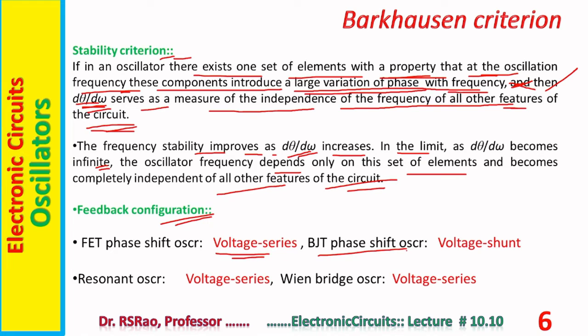In BJT phase shift oscillators, voltage shunt feedback is used. In resonant oscillators, voltage series. In Wien bridge oscillator, voltage series feedback is used. The first term, voltage, refers to sampling. The second term, series or shunt, refers to mixing at the input terminals.